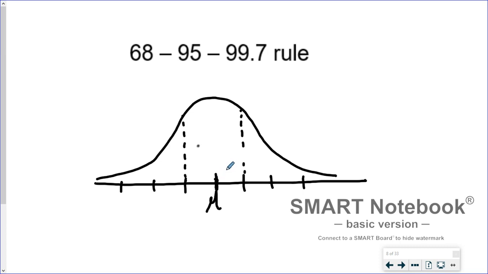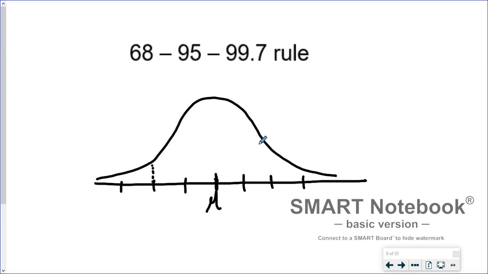All right. Within 2 standard deviations of the mean, so 2 standard deviations to the left, 2 standard deviations to the right, this whole area here will be 0.95, or 95% of the data should fall within 2 standard deviations of the mean.